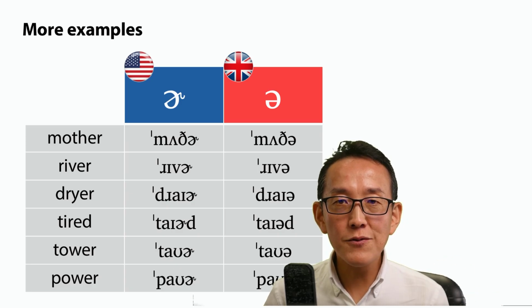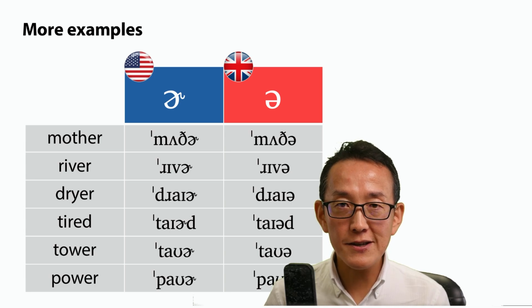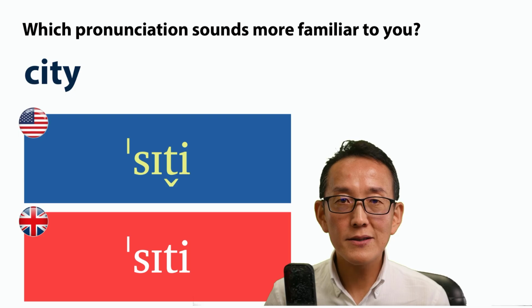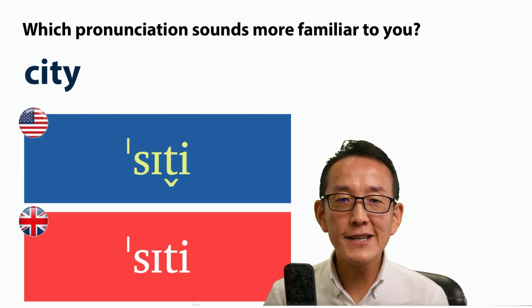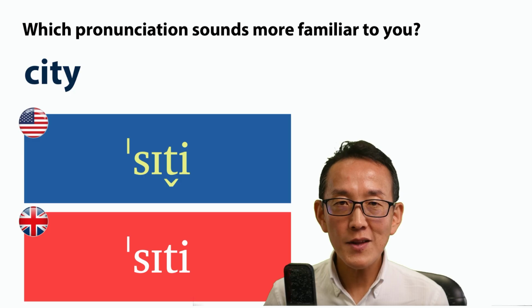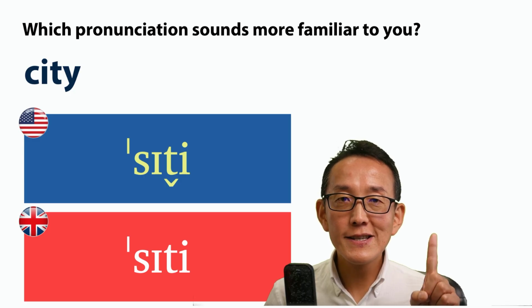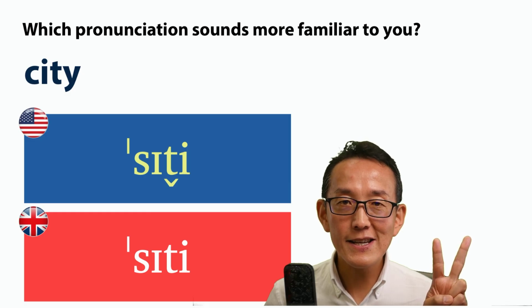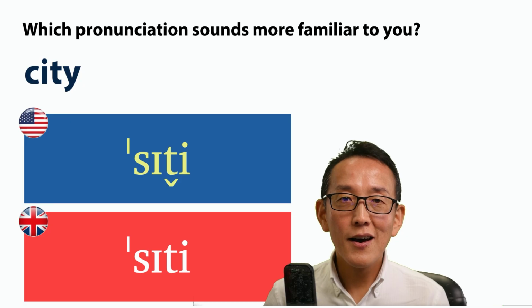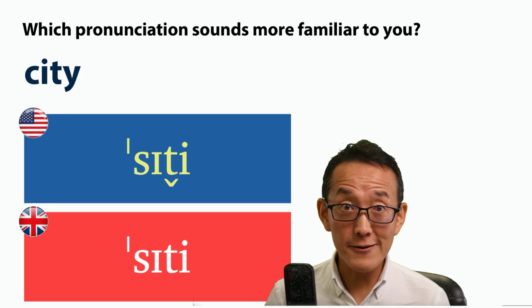Now let's move on to another characteristic feature of American English. So this is the first word, C-I-T-Y. So first one, city, city. Which is more familiar to you? Okay, I said the British pronunciation first.